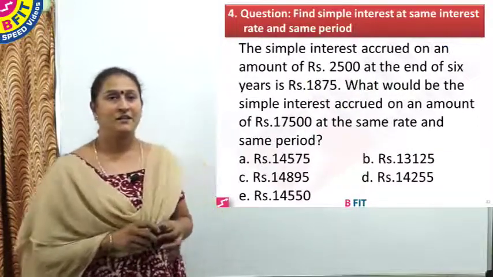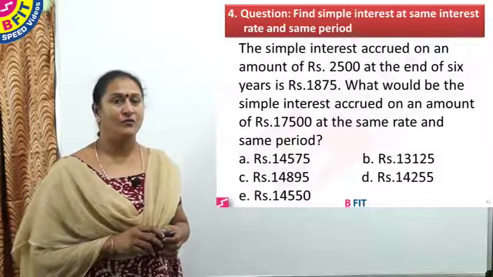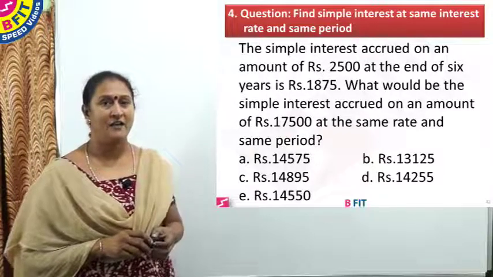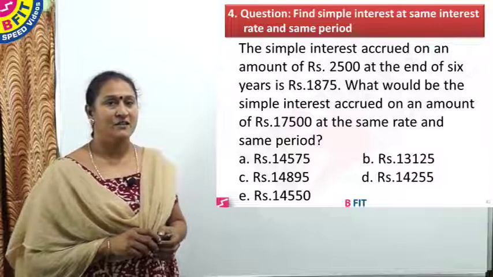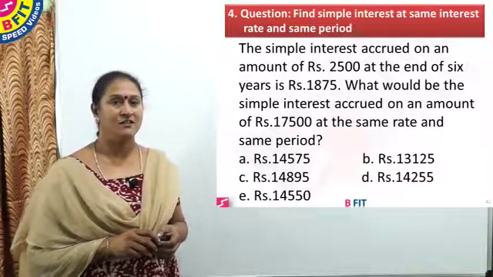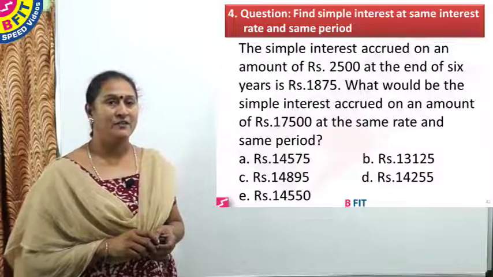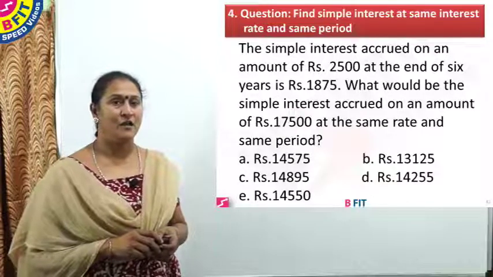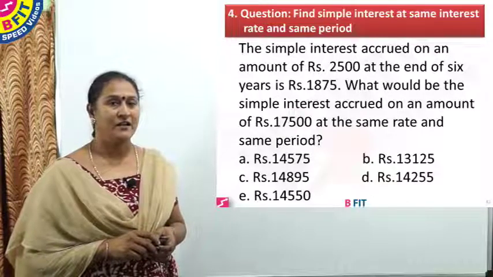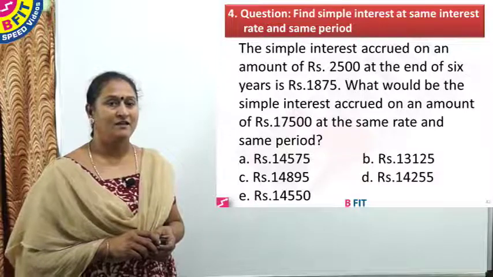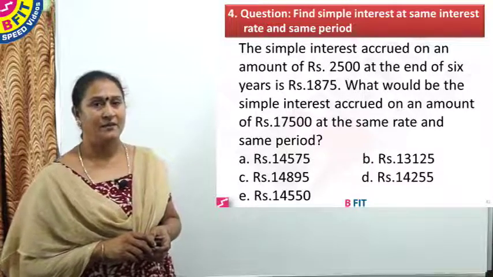The simple interest accrued on an amount of rupees 2,500 at the end of 6 years is rupees 1,875. What would be the simple interest accrued on an amount of rupees 17,500 at the same rate and same period?